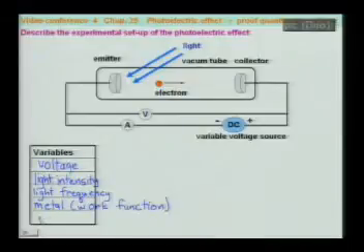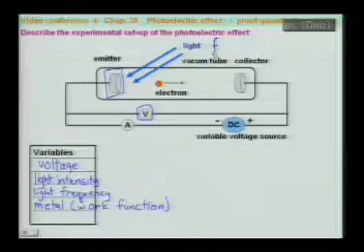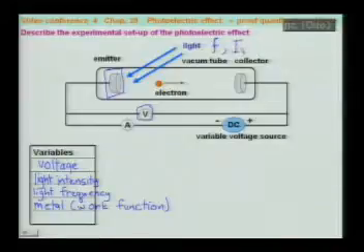So, the last one. We have the voltage here. We can vary the metal for this one, and then we can vary the light frequency here. Normally, we use F to denote the frequency of light. And the intensity, I better put intensity here.